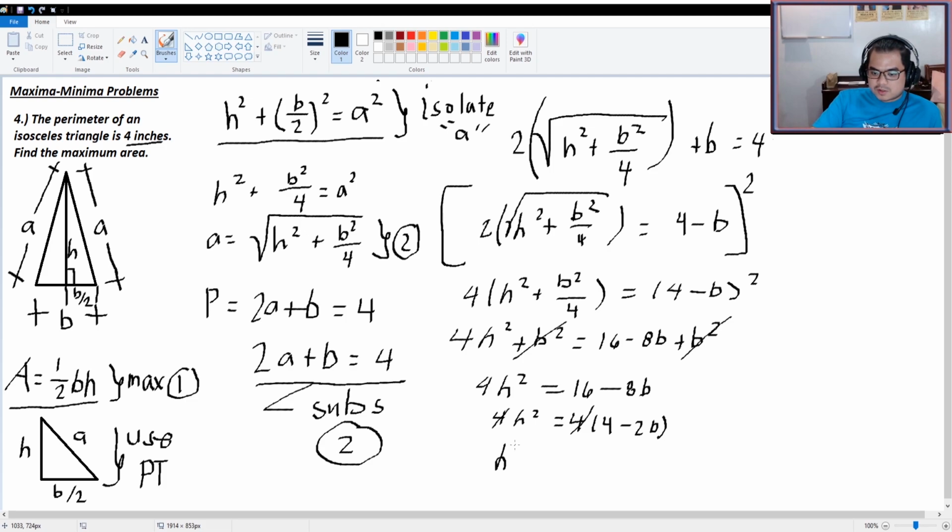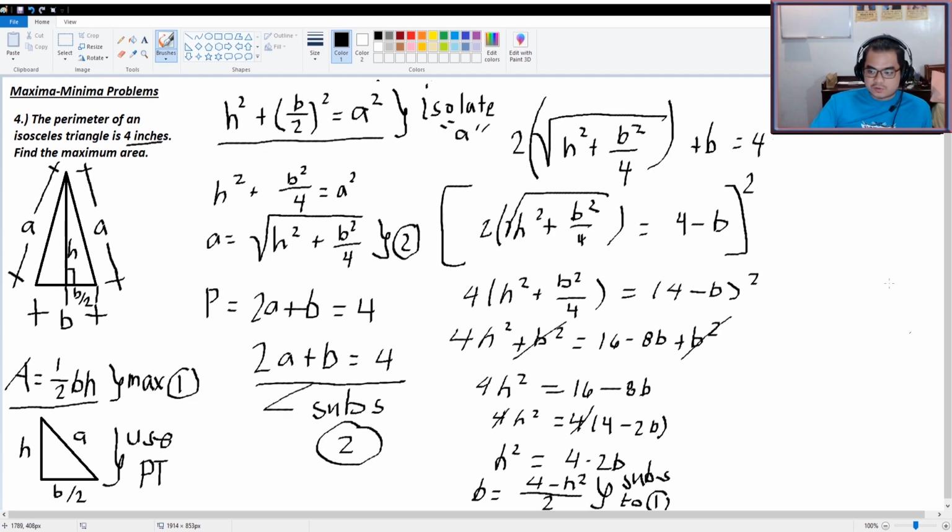So H squared now will just be equal to 4 minus 2B. So I think it's easier to isolate B, right? So isolating B, you'll have, so transpose 2B, you will have B equal to, that the H squared will be transposed, 4 minus H squared all over 2.